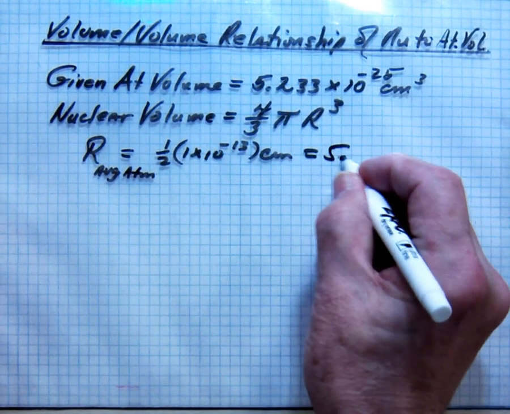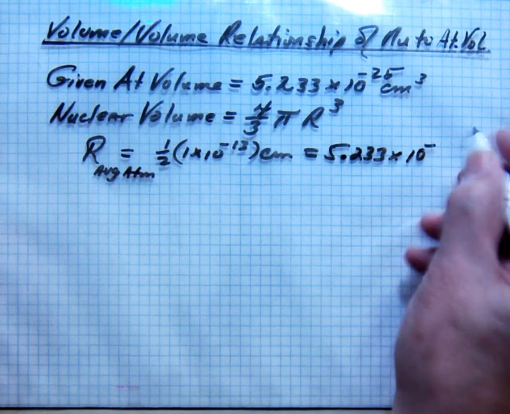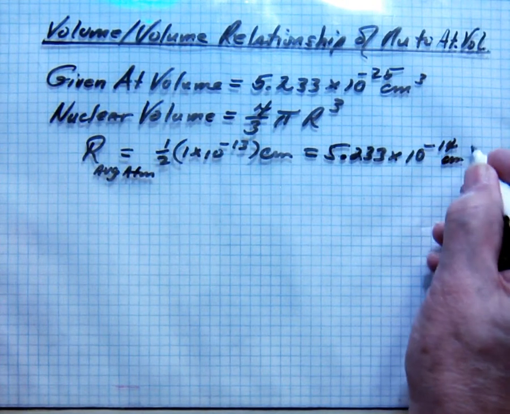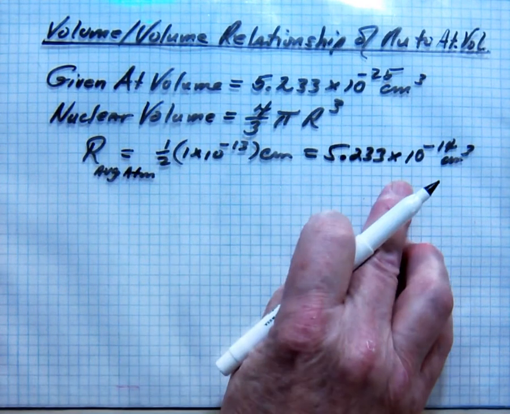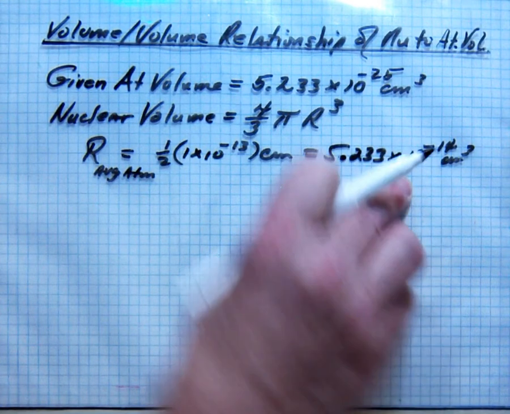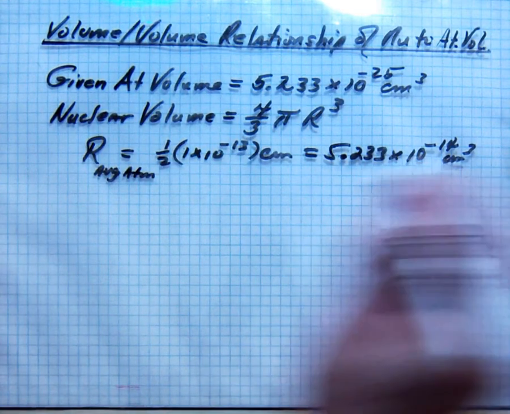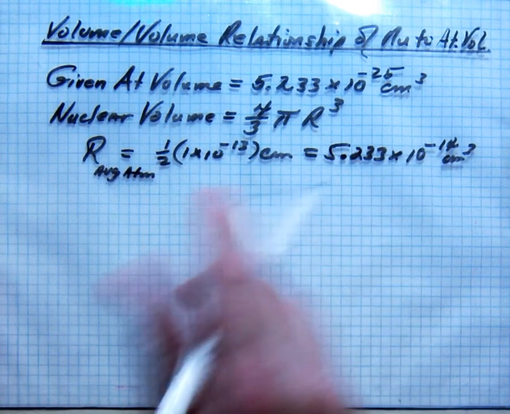So change that to 5.233 times 10 to the minus 14 centimeters. That's the radius of the nucleus.